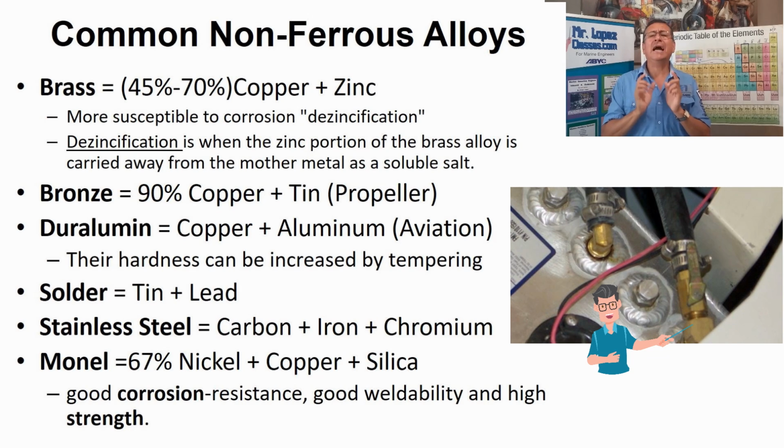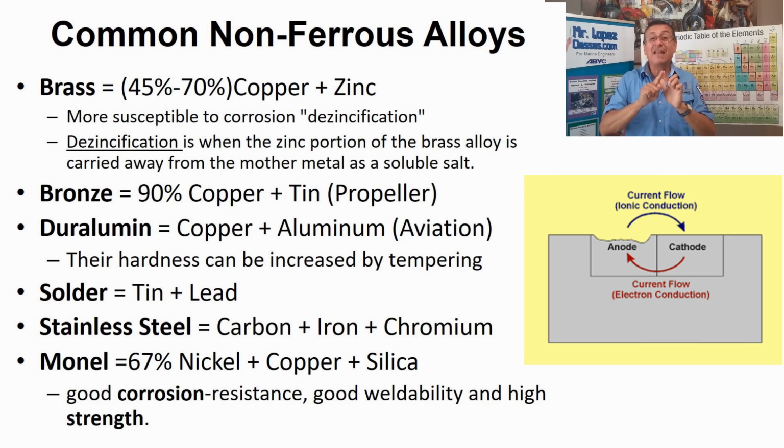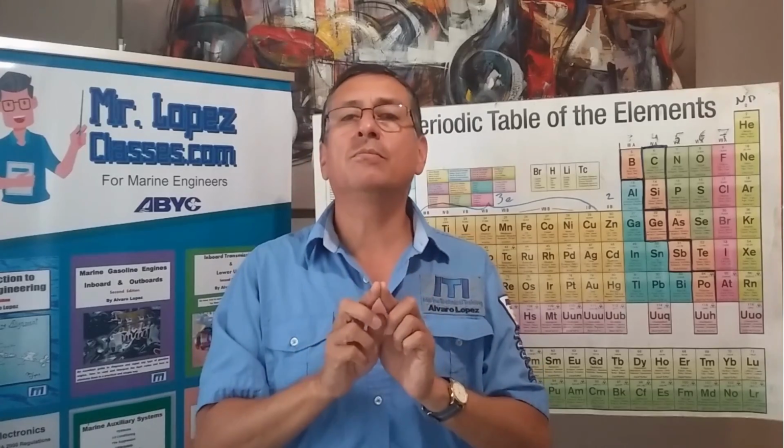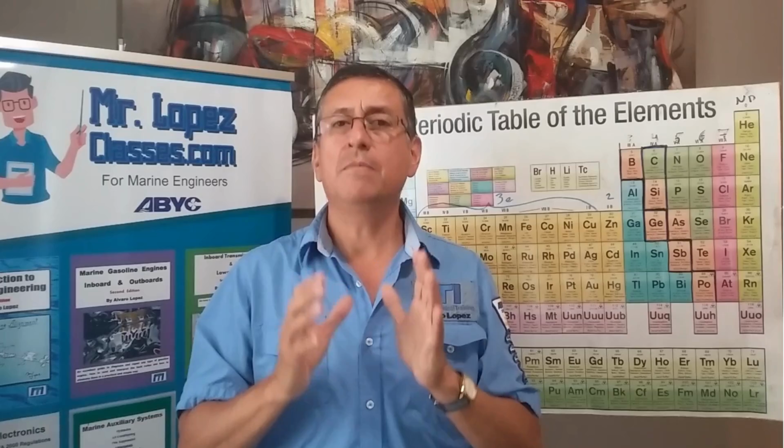Copper and aluminum together, you remember galvanic corrosion, both of them together in a marine environment, the more noble attacks the less noble, and the less noble will be corroded. This is not good. We are going to study later why copper fittings in aluminum tanks are not accepted. Copper and aluminum is not accepted in a marine installation. Okay, be careful with that.